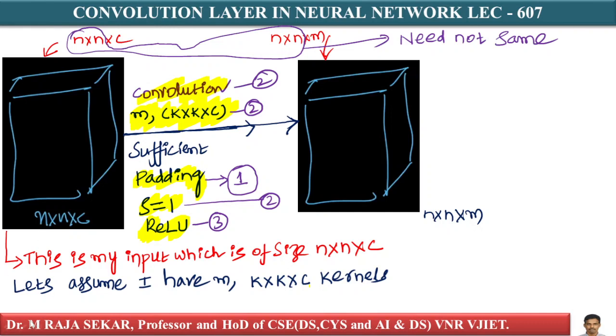Just see here, what is my input size? N cross n cross c. Here n cross n cross m.